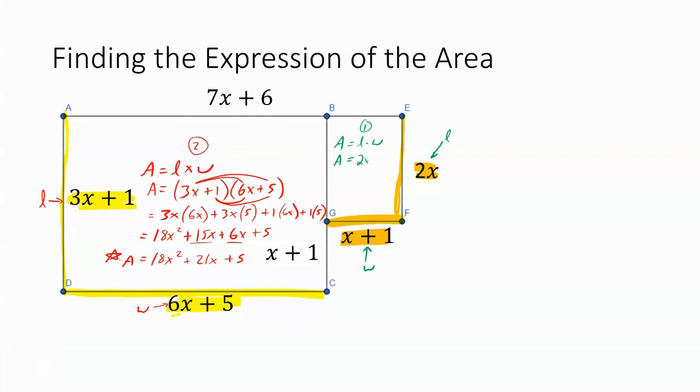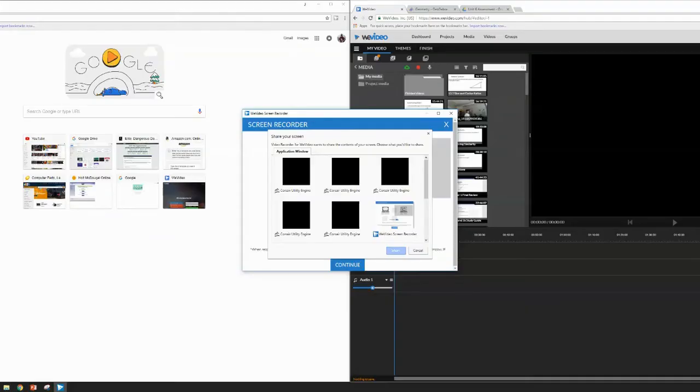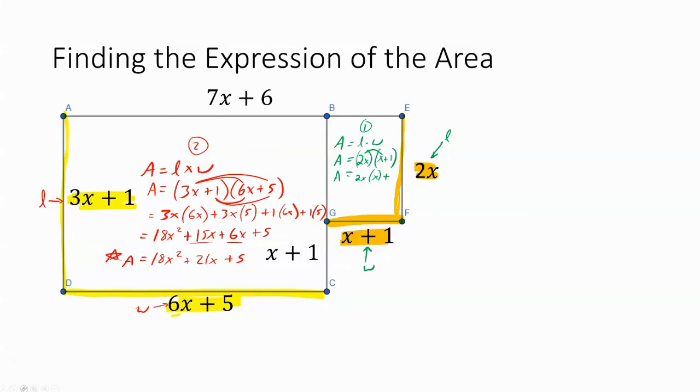Our length was 2x times our width, which was x plus 1. And we're going to go ahead and distribute and multiply. So we have 2x times x, plus 2x times that 1.